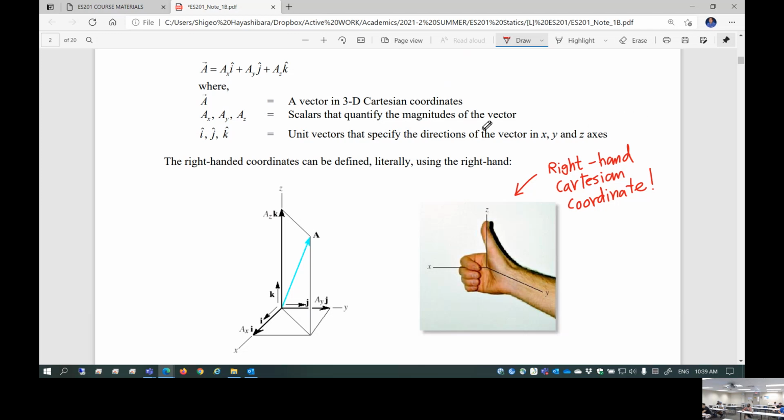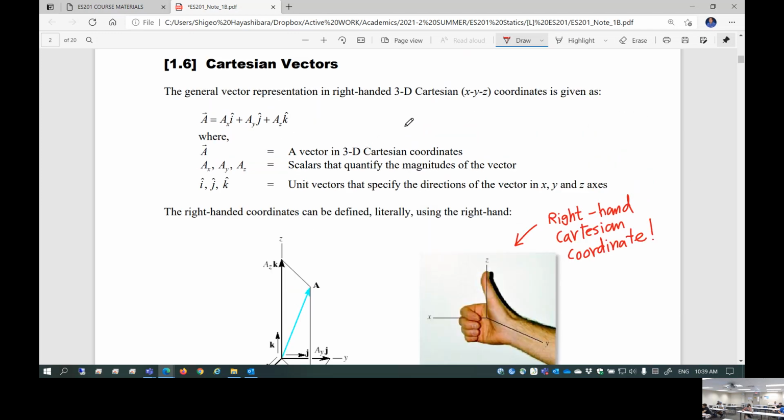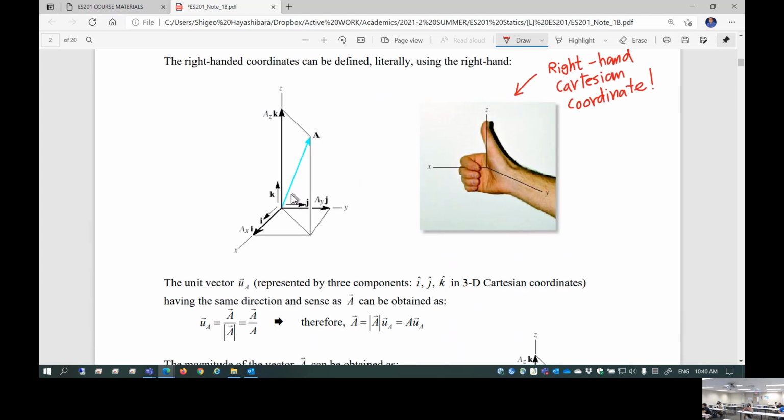Okay. So you can express your vector quantity A in X, Y, and Z Cartesian coordinates. So you are going to break down the components of vector quantity A into Ax, Ay, and Az. Those are all three magnitudes in each of the three directions.